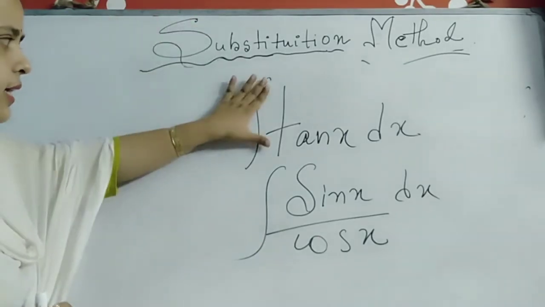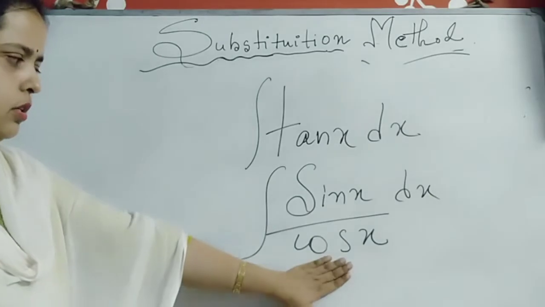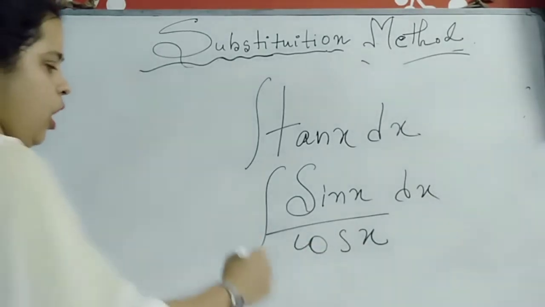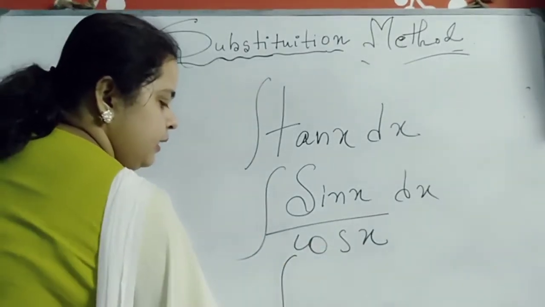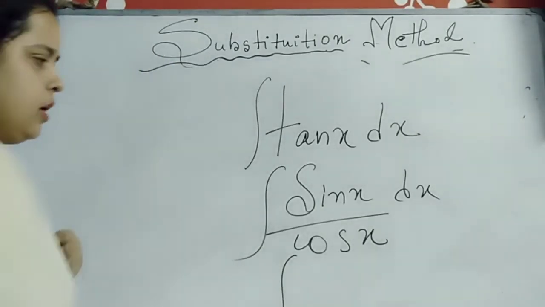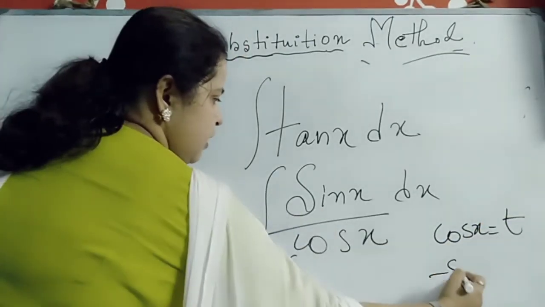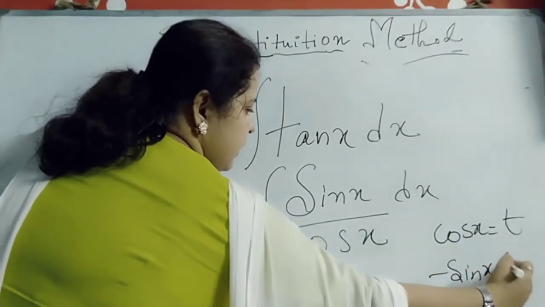So tan x is sine by cos. Correct. Let us substitute cos x as t. So if cos x is t, now tell me, what is the derivative?